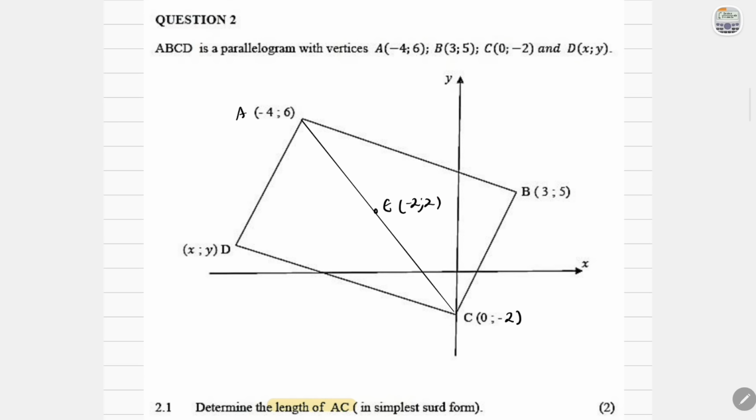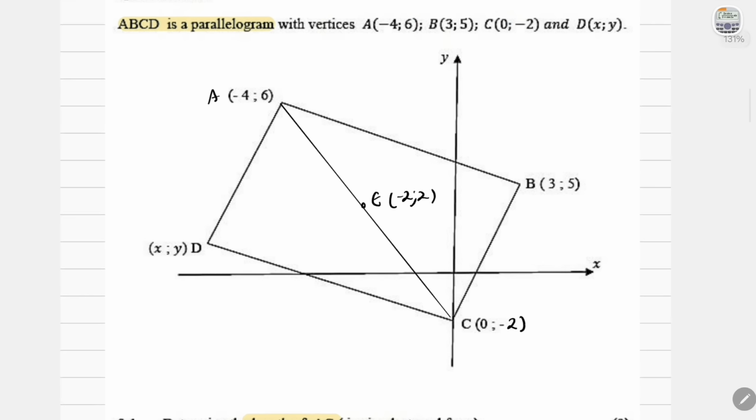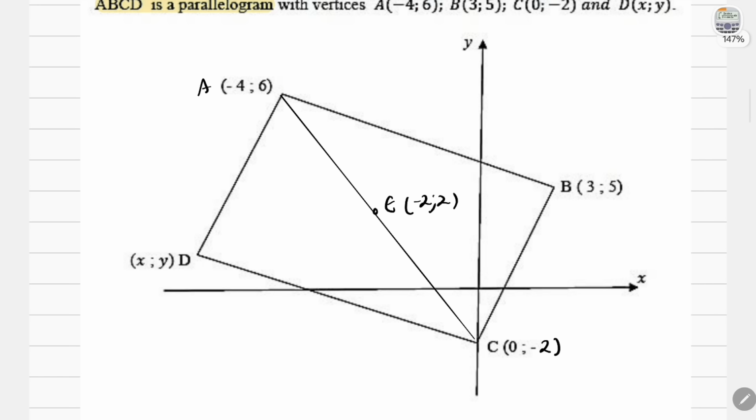So this all depends on what this shape is. They call this shape initially a parallelogram. Here's something we know about parallelograms: the diagonals of a parallelogram bisect each other. I'm just going to put E here instead.